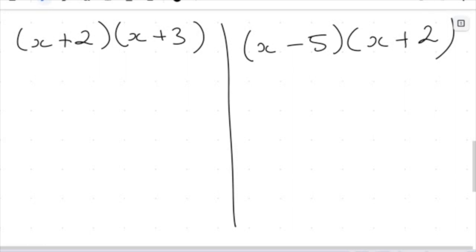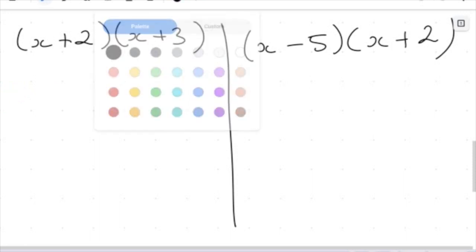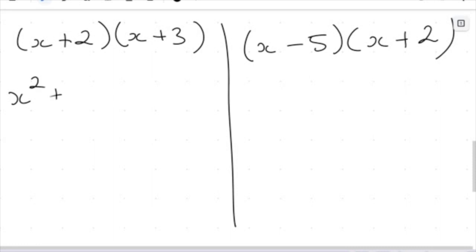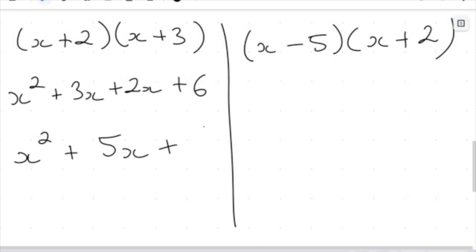Now, in this first one, I'm going to go through this a bit quicker because the point of this video isn't to revise how to do this. It's to look at the patterns that we observe. When I expand this, I'm going to get x squared plus 3x plus 2x plus 6. And then finally, when I collect the like terms, I get x squared plus 5x plus 6. Doing it side by side with this one, I'm expanding to get x squared plus 2x minus 5x minus 10.